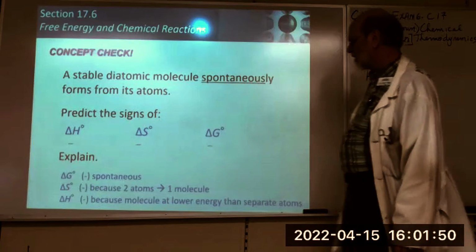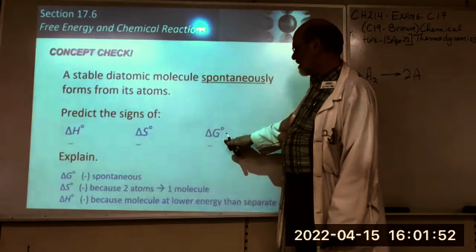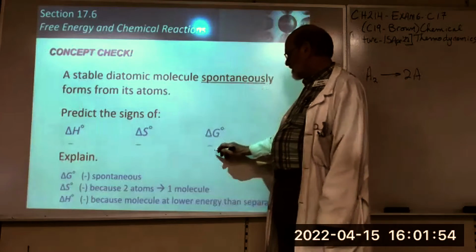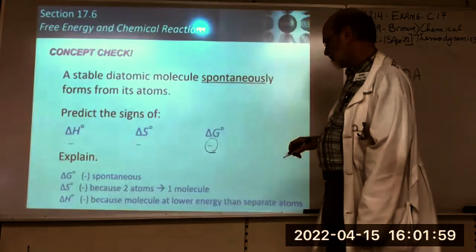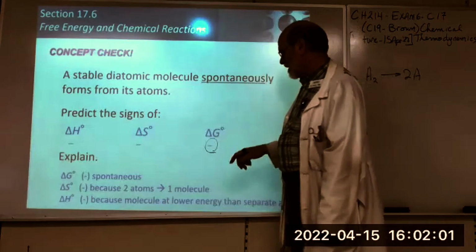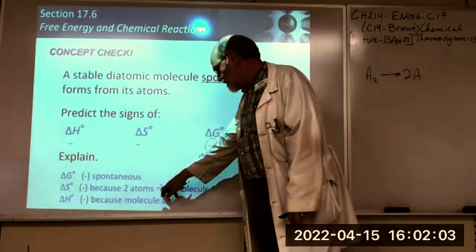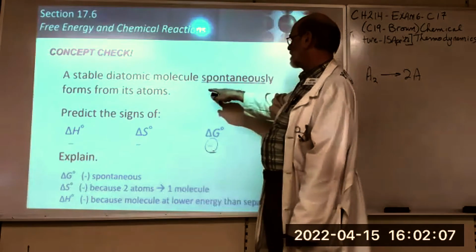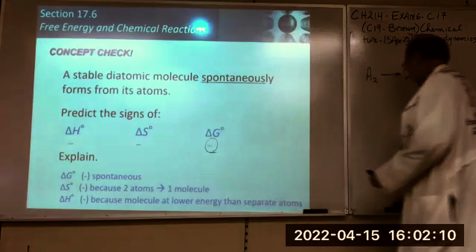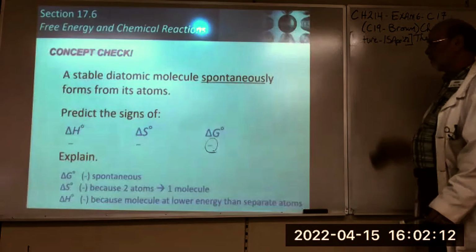Oh, I see. We're starting with delta G. If it's spontaneous, it has to be negative. Delta S standard, because two atoms, oh, I'm going the wrong direction. That's why it didn't make sense to me.